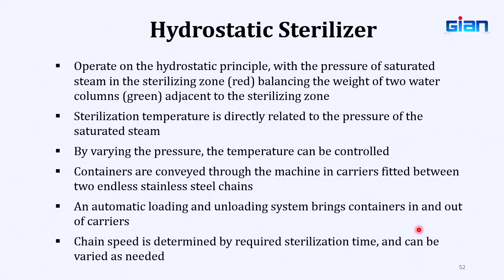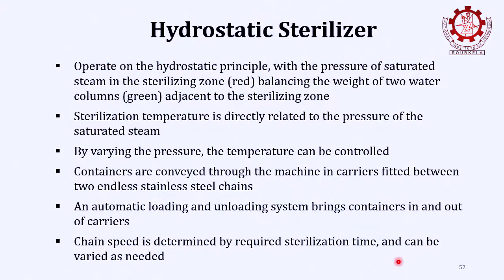Yeah, so this is all the description given, and in the end the chain speed is determined by the required sterilization time. So in this case, as you can see, the vertical column length is fixed. You cannot change it. So if you need a higher process time, for example, if the can size is bigger, it will heat slower, because now you have more volume or more mass in the cans, and the distance from the surface to the center of the can has increased.